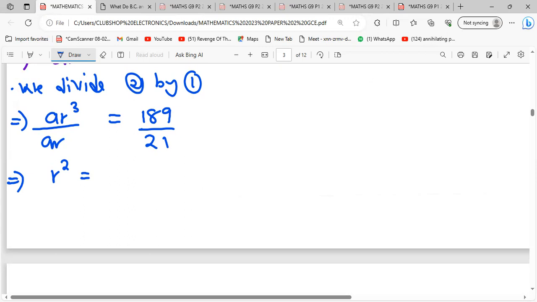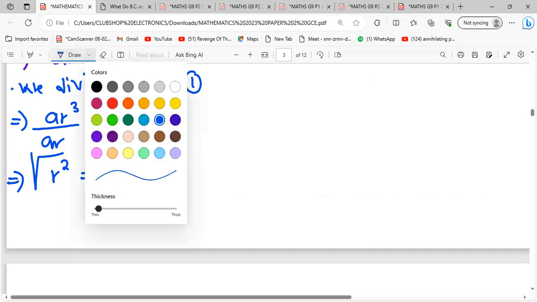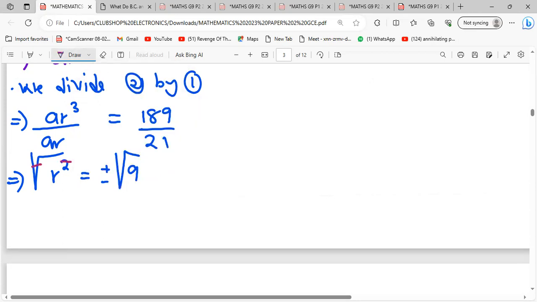You can use a calculator. This is allowed, and you get 9. To get r, we introduce a square root here, so there will be plus or minus. So we find that r will be equal to plus or minus the square root of 9.